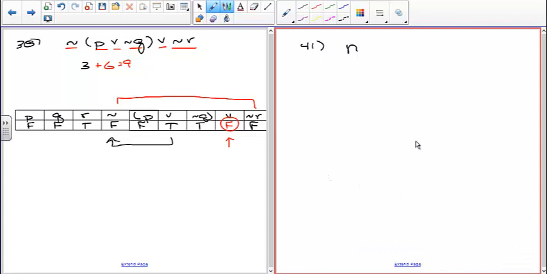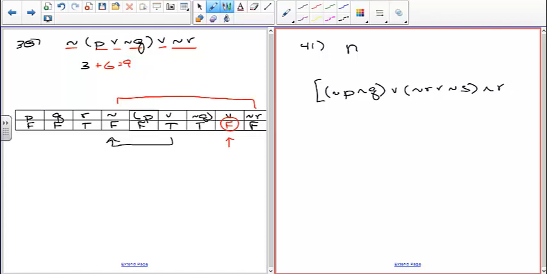Okay, so all I have to do in this case is count the number of letters in the statement. So let's just go ahead and write it out. Okay, I think I got that right.